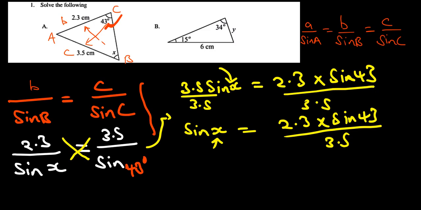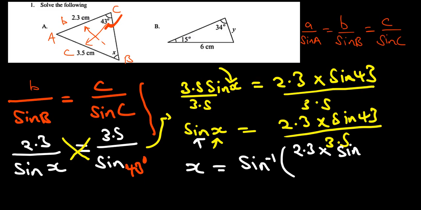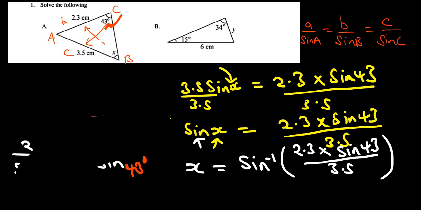So x equals sine inverse of 2.3 multiplied by sine 43, all divided by 3.5. What is remaining here is just to punch that value into your calculator, and it will give you the answer.